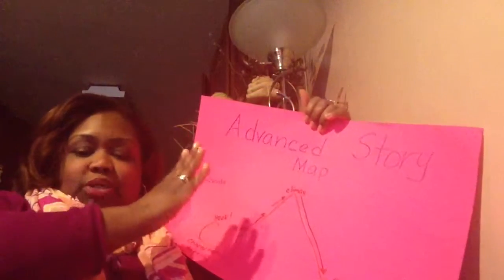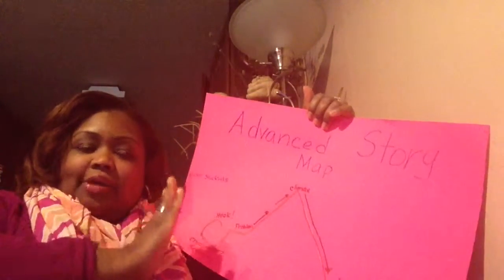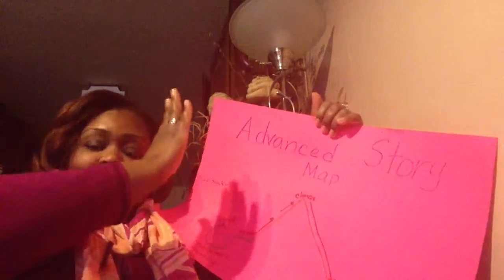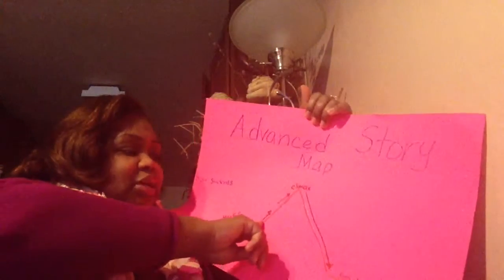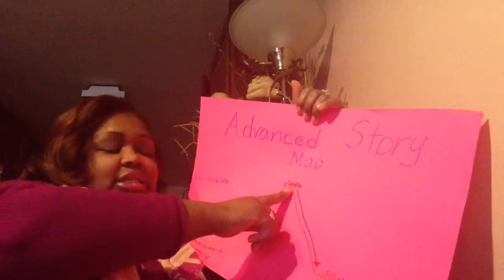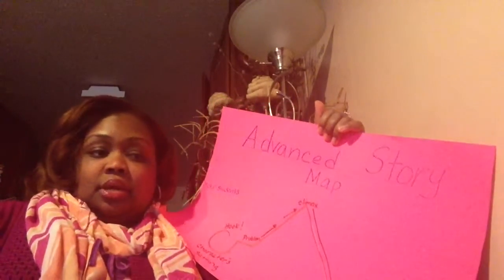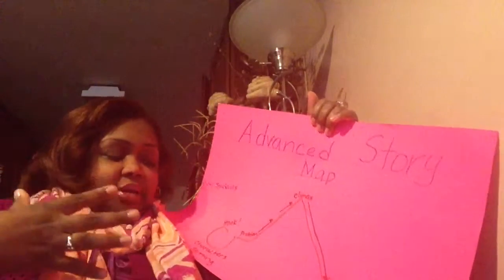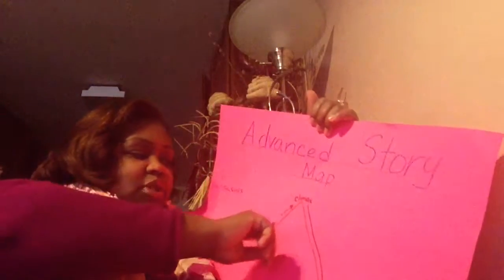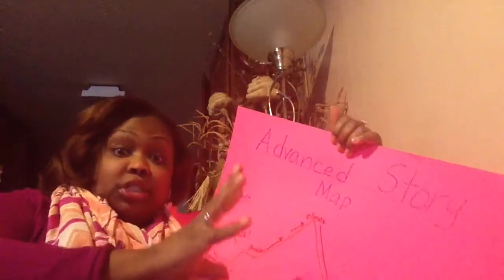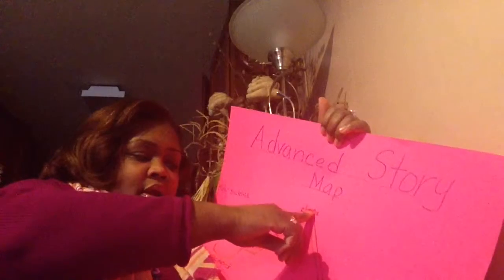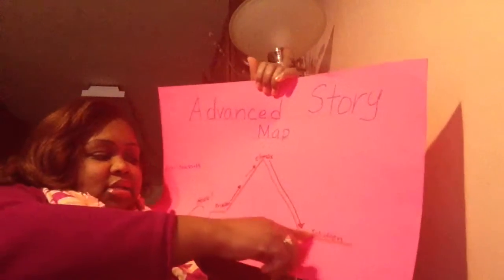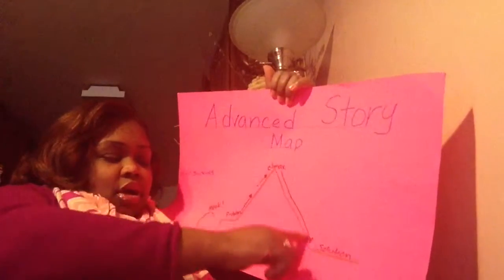The problem is building, like when you're on a roller coaster at Great Adventure. It's going up, up, up, right? So the problem is leading all the way up here. Then you get to the top, and here's the climax. This is the big thing that's happening, right? After all these problems happen, there's something else huge that happens. And then as you come over here, the solution starts to take place, and the solution goes all the way straight down.